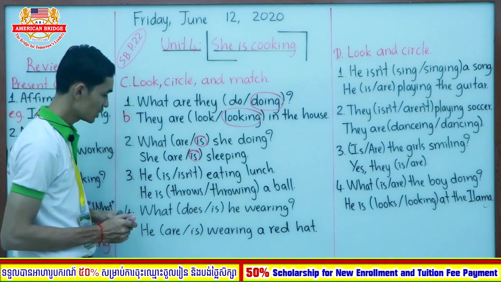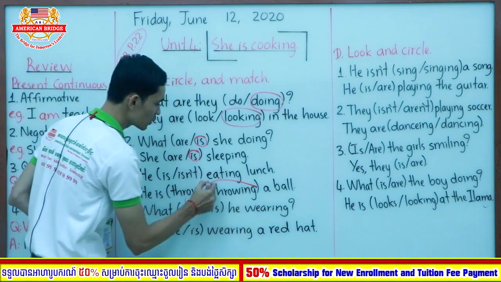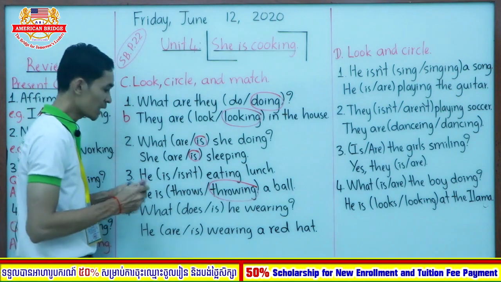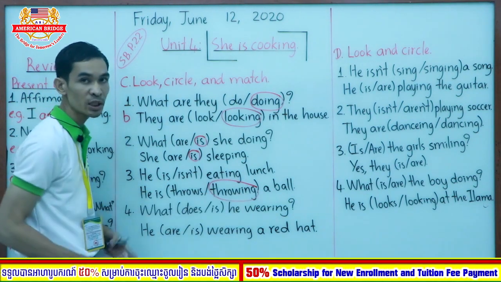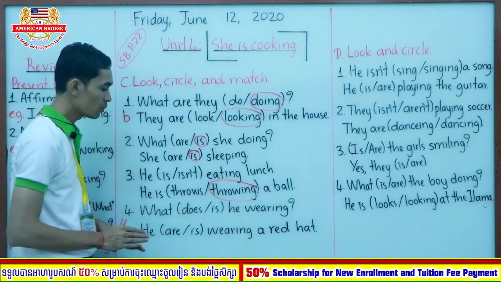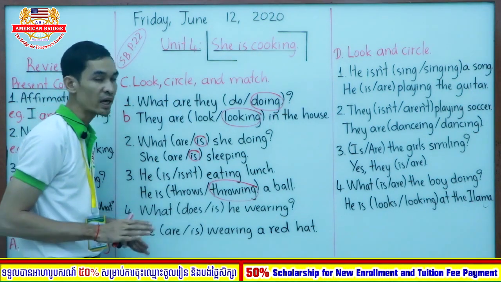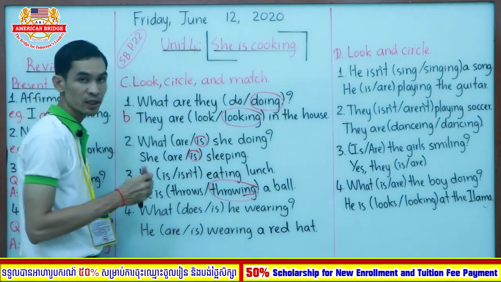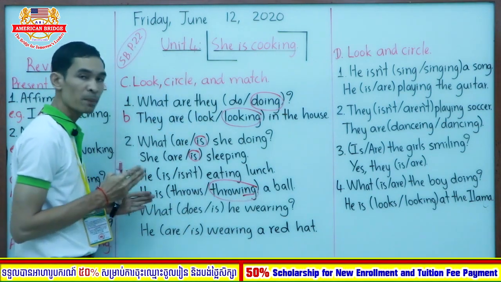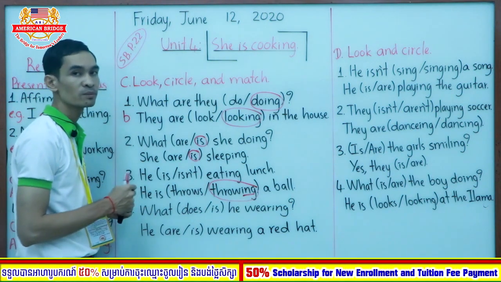He is throwing, right? Why you choose throwing? Because in our form, subject plus be plus verb ing, right? We don't put verb with s or es or ies, right? But we put verb with ing. You see? Okay, this is the present continuous form.